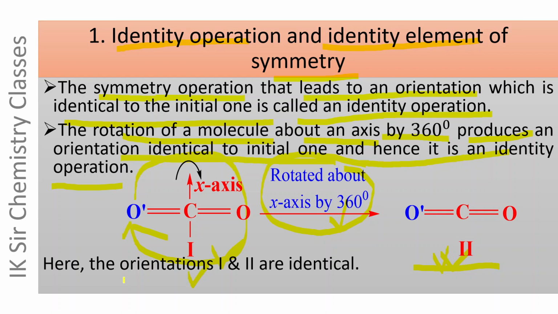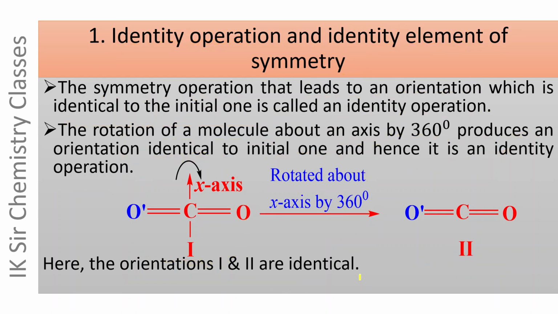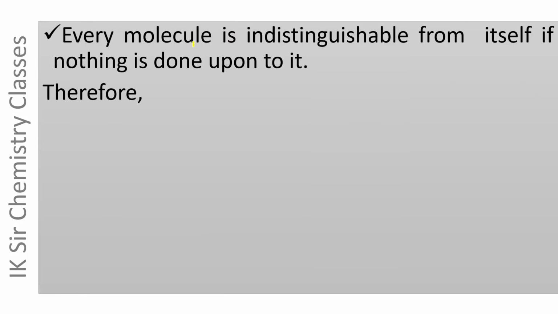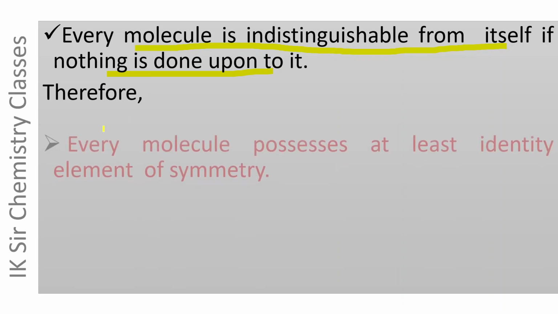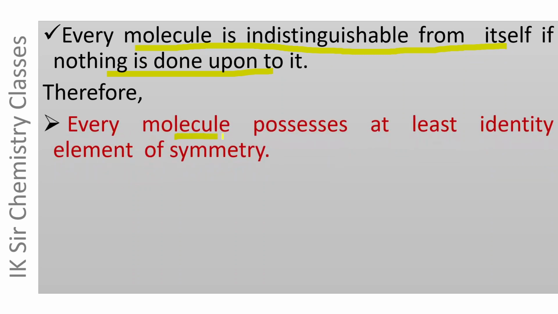Here, orientations 1 and 2 are identical. Every molecule is indistinguishable from itself if nothing is done upon it. Please note it again that every molecule is indistinguishable from itself if nothing is done upon it, and therefore every molecule possesses at least identity element of symmetry.